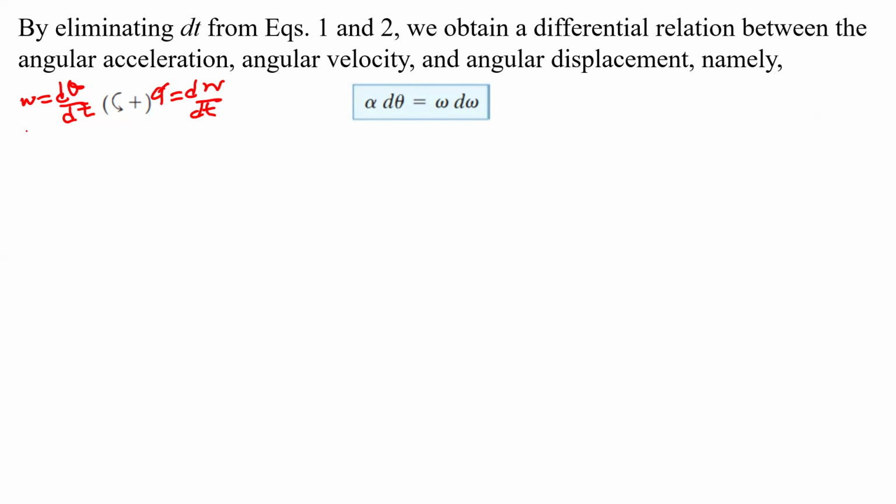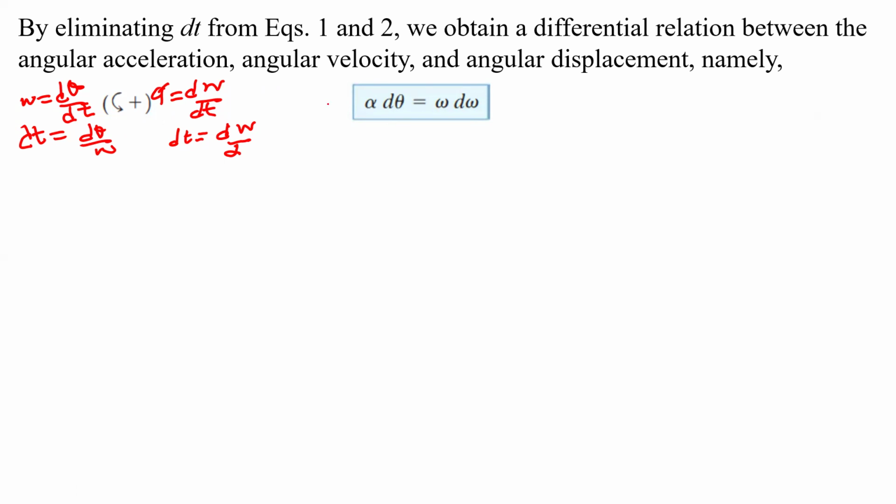So here dt is equal to dθ over omega, and here dt is equal to dω over alpha. So we can combine, because now we have the dt, the two of them can be equated.